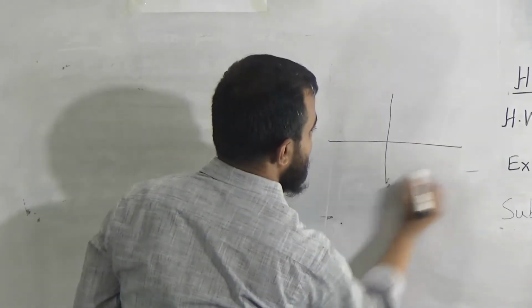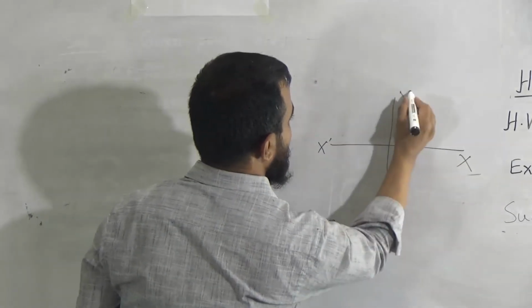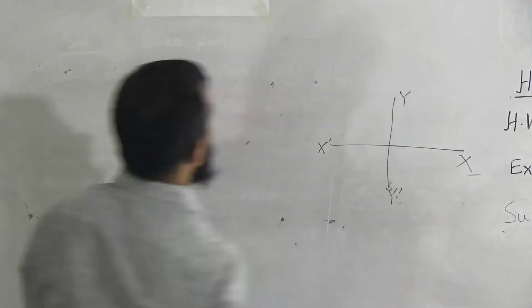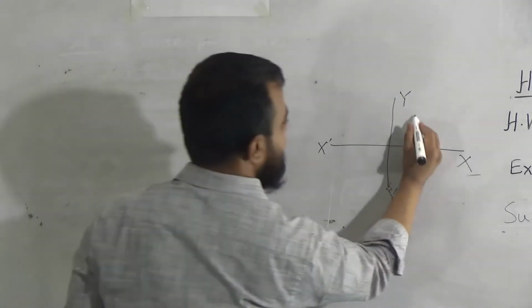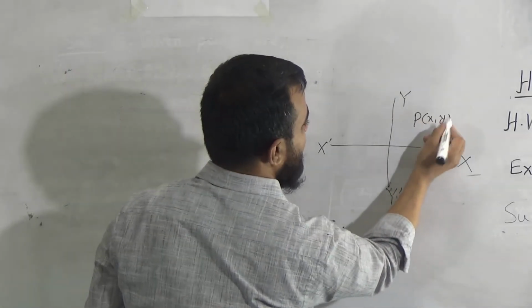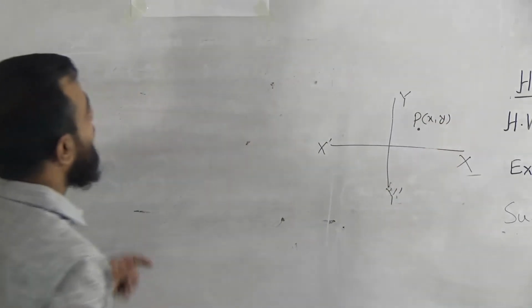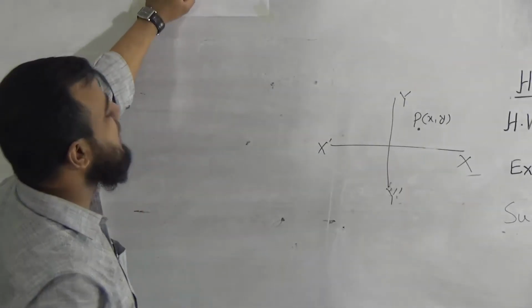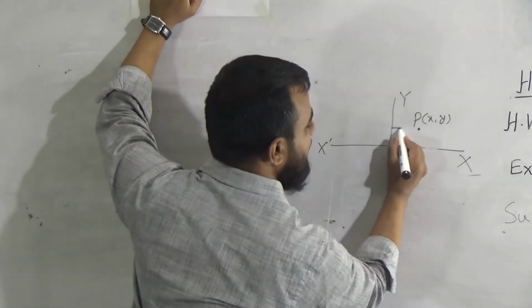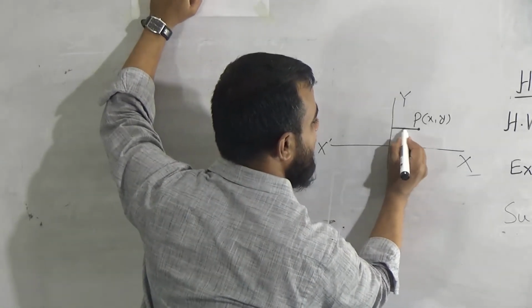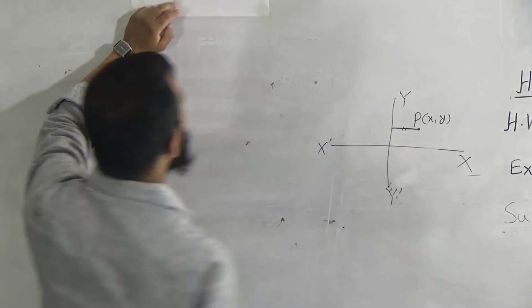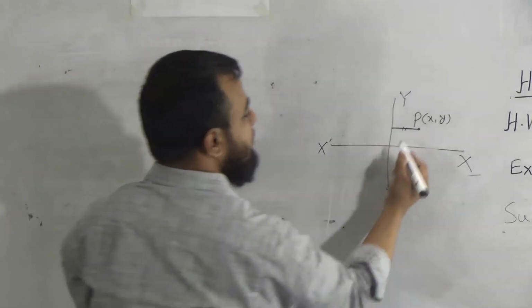Suppose this is the x-axis and this is the y-axis, and suppose there is the point P(x, y). This is the point P. Now the distance between P and the y-axis, this distance, is equal to the distance between P and Q point.